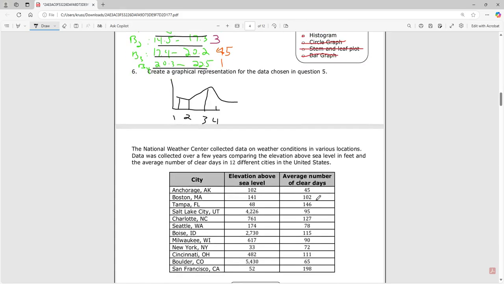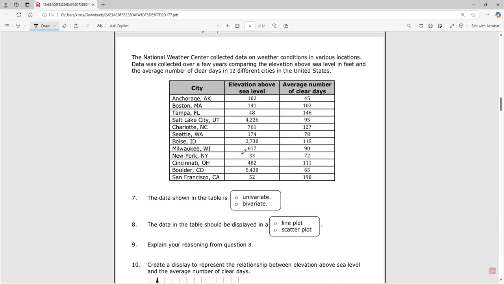Okay, moving on to here, this is bivariate data, because this is one variable and this is the other variable. And since this one has a good number of points, I use a scatter plot for this.